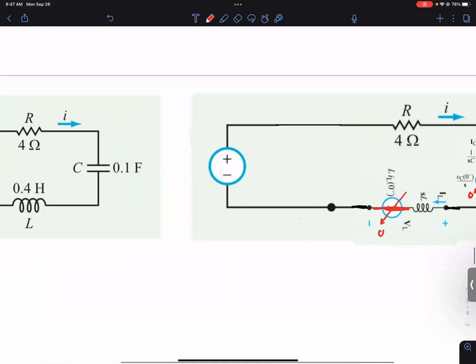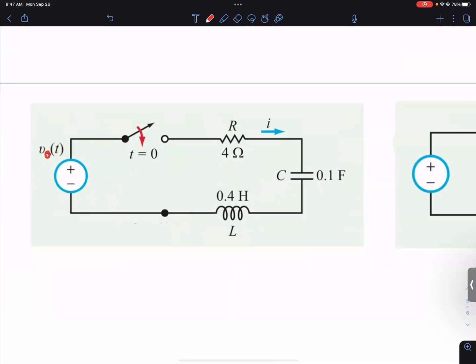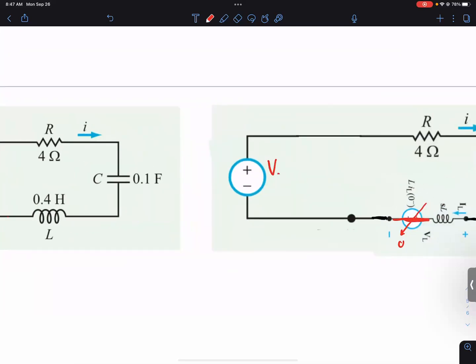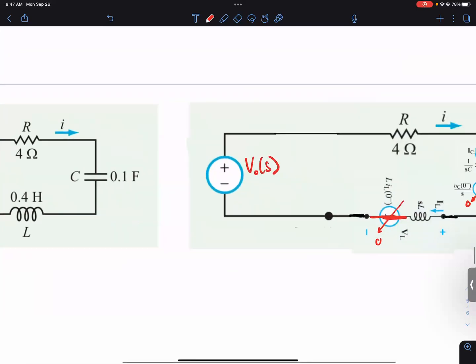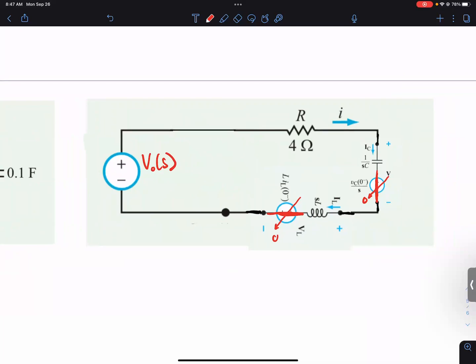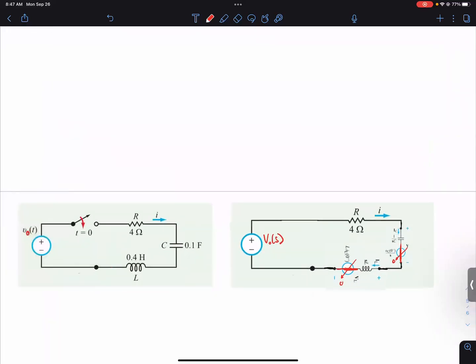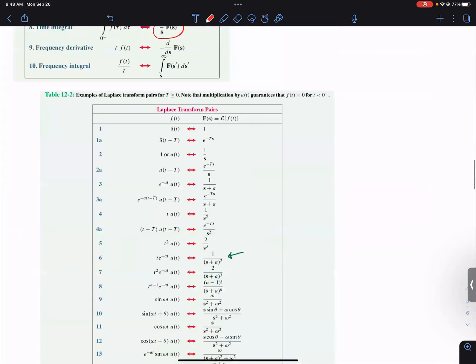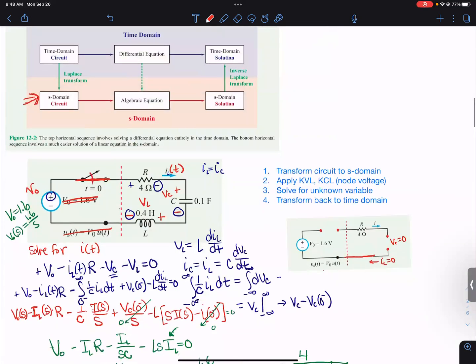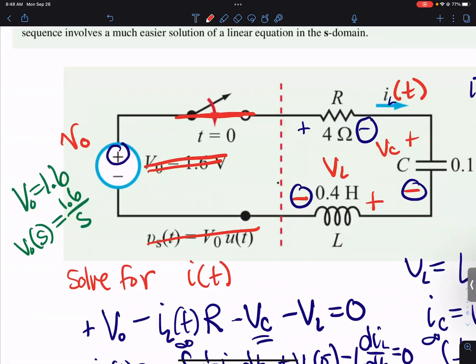and here again, we call this V naught. We change over the voltage to whatever the S domain voltage will look like. So as I said before, the 1.6 becomes 1.6 over S. And the S was from what? Let me go back to this. It's because of why? Yes, because it's U of T in there.